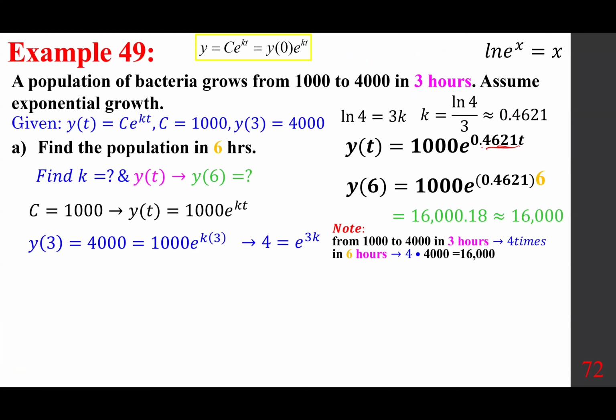This one, if you keep it as ln4, you get y equals 1000 e to the power of ln4 divided by 3 times t.